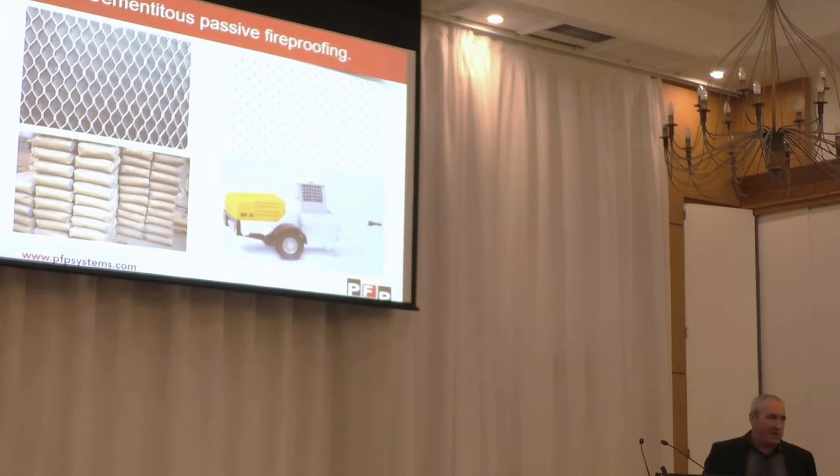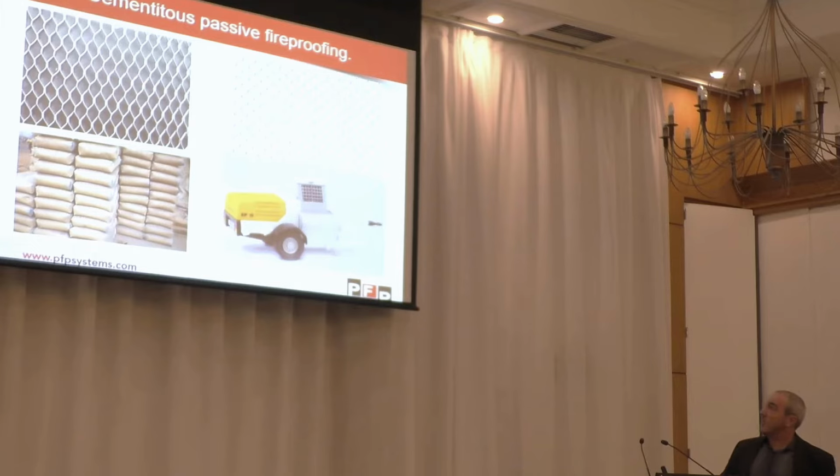Of course, the key ingredients for a cementitious-based passive fire system are pretty simple, really. You've got a lath, or a lath, depending how you want to say it, which is a more substantial grid system with which to build your cementitious layer on. There's actually a good example just in the room next door there, as well as a mesh.